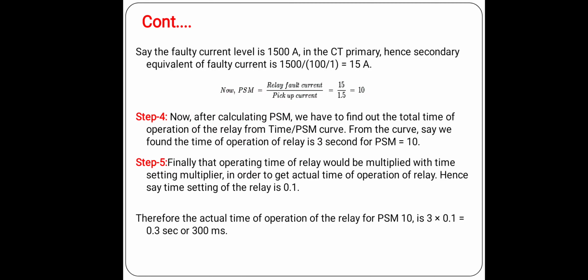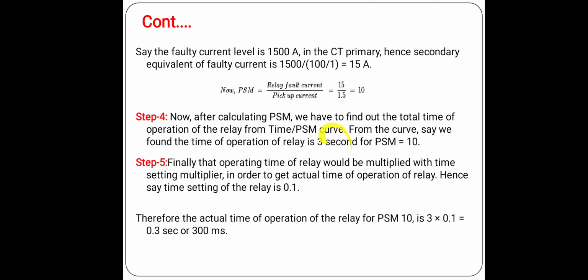Now step 5 is the final step. Finally the operating time of the relay is multiplied by the time setting multiplier in order to get the actual time of operation of the relay. Here I am assuming the time setting of the relay is 0.1. This time setting is usually given in numerical examples. In step 4 I already calculated the time of operation at PSM 10, which is 3 seconds.